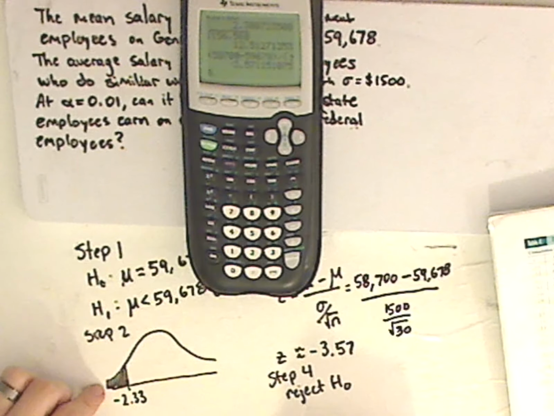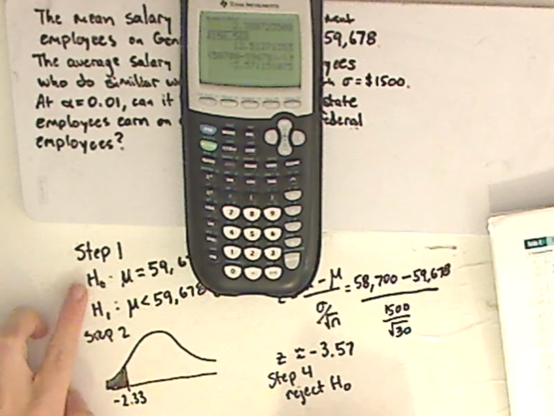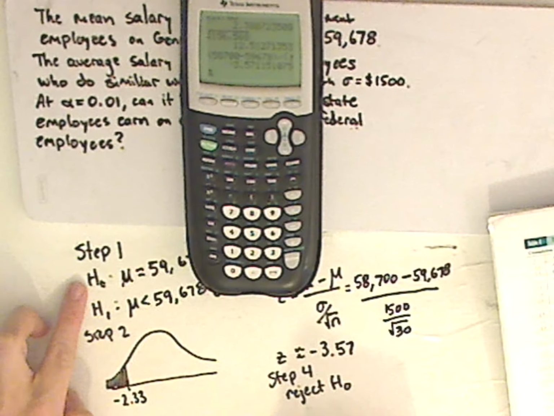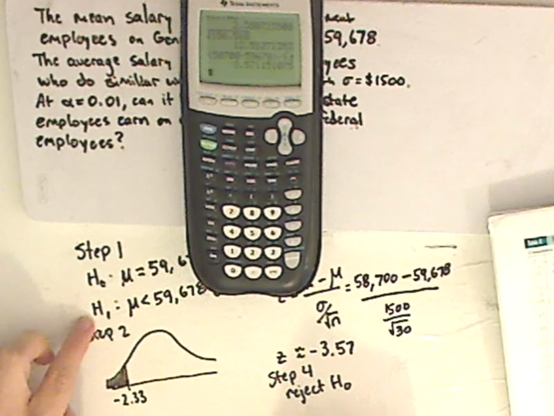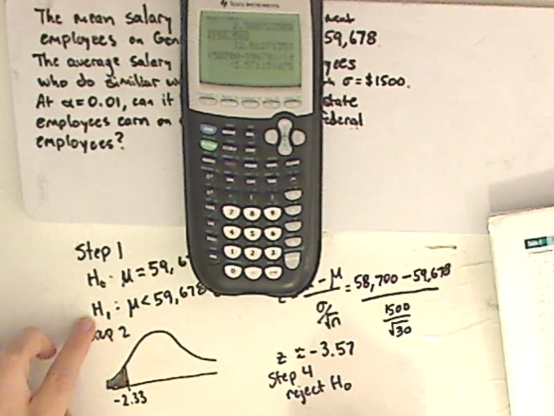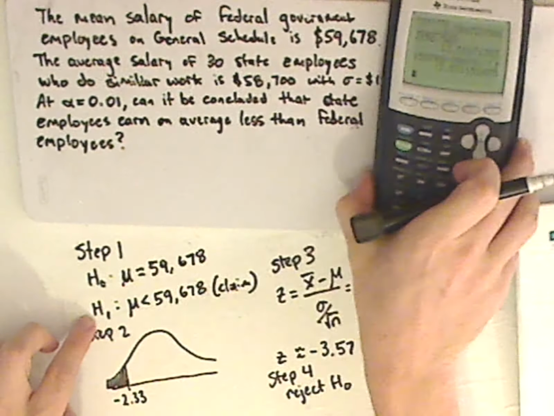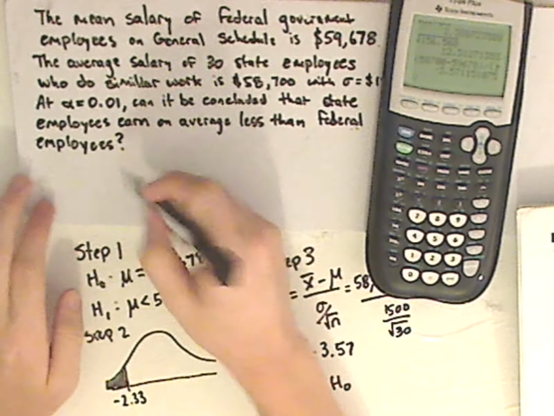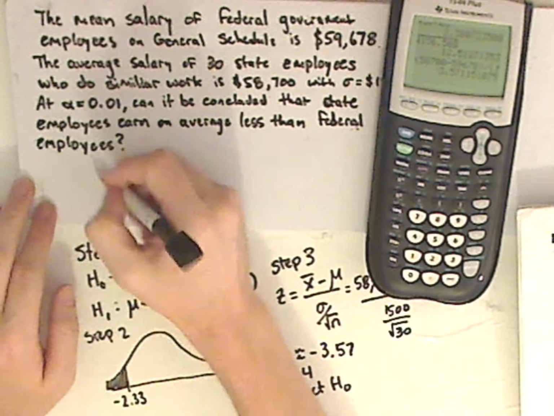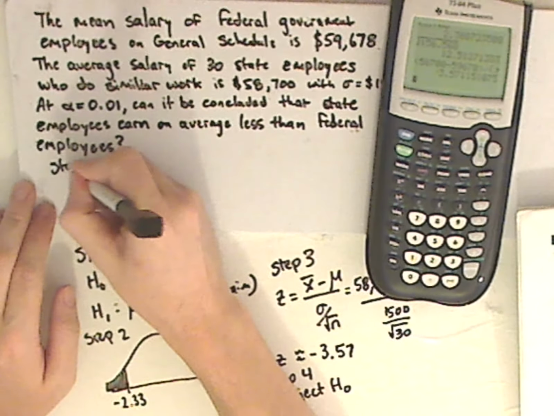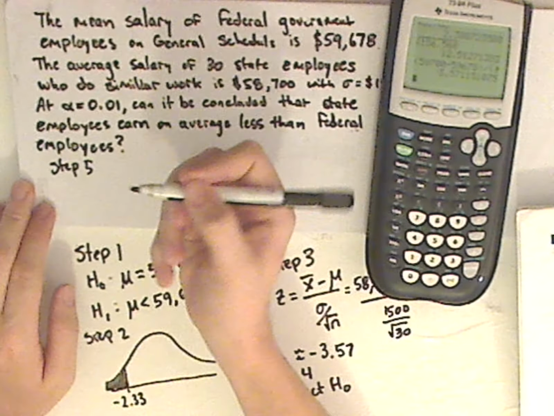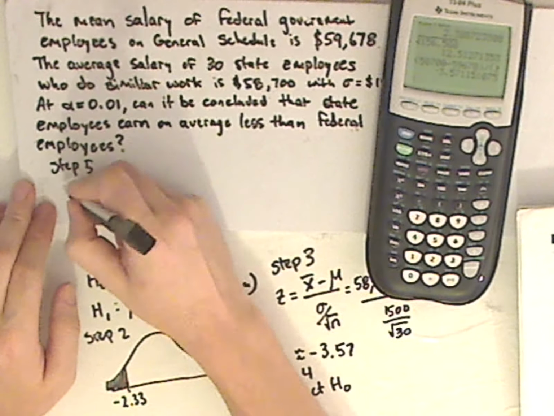If I'm rejecting the null hypothesis, does that mean I am supporting the claim? And the answer is yes, I am supporting the claim. So step number 5 I'll write here because I don't have enough room. Step 5 is your conclusion.